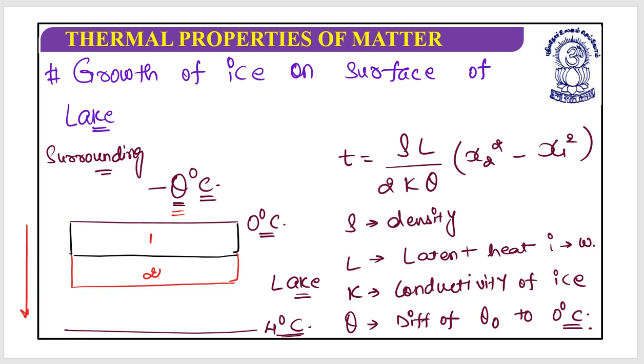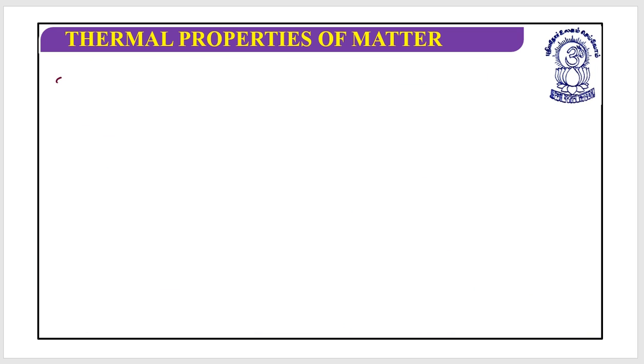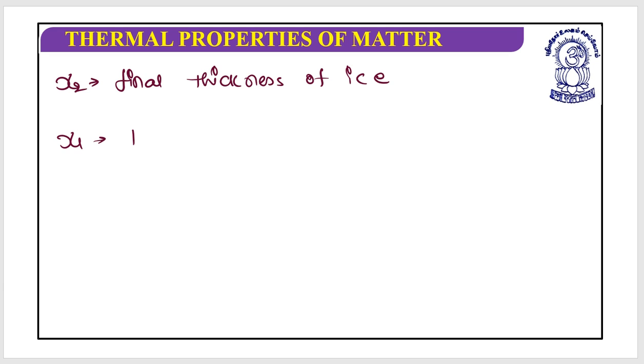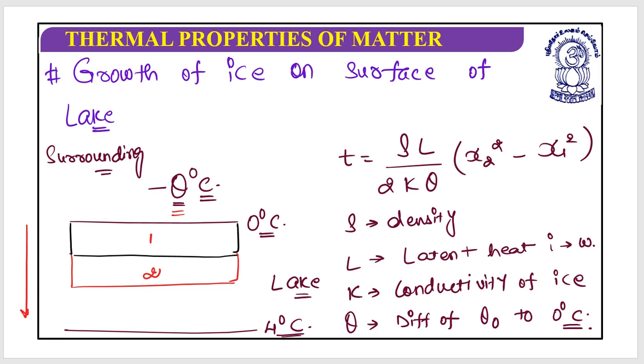And x2 and x1: x2 is the final thickness of ice, and x1 was the initial thickness of ice. Please do remember this, that T equals rho L by 2k theta into bracket x2 square minus x1 square.